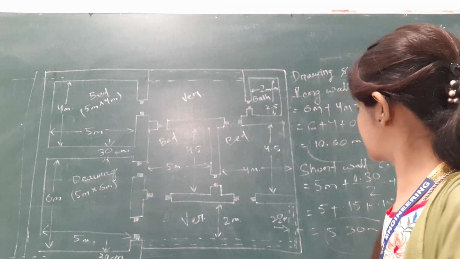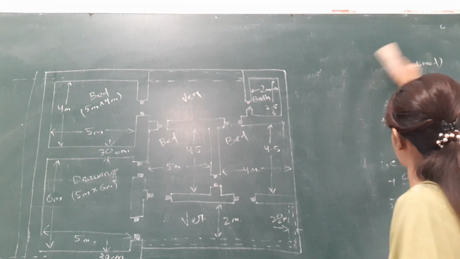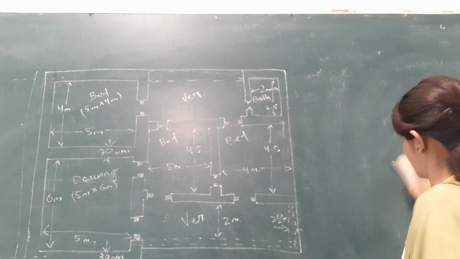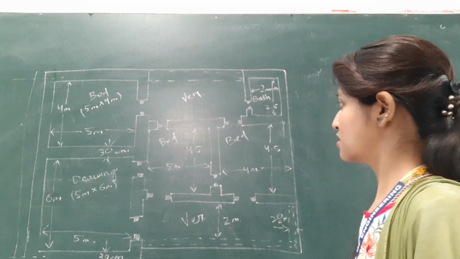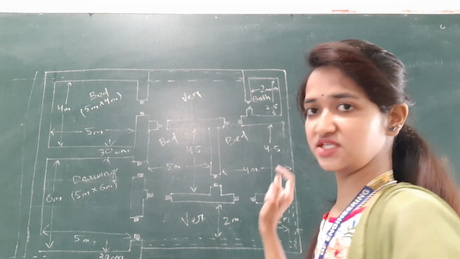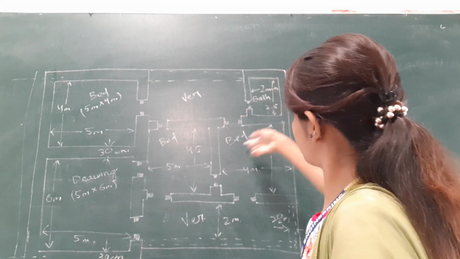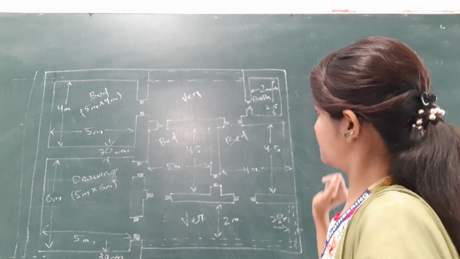So next, we consider the 2 bedrooms, and the wall is from this to this only.